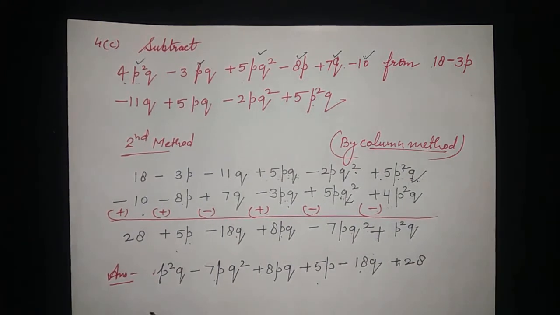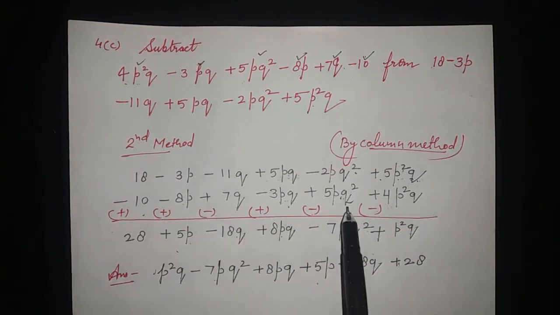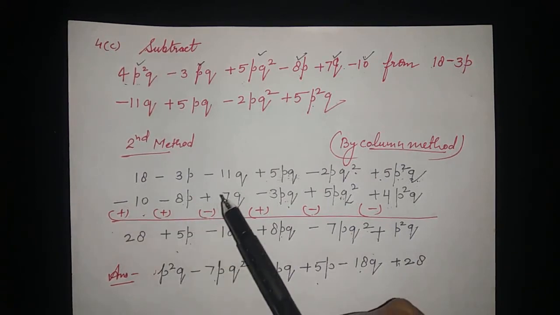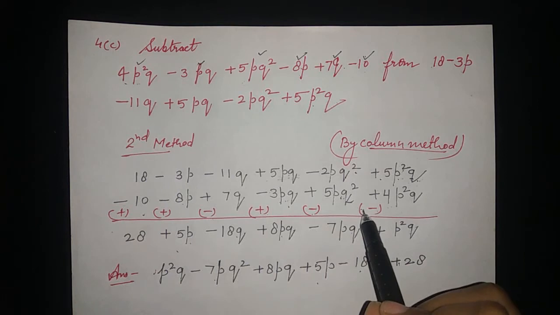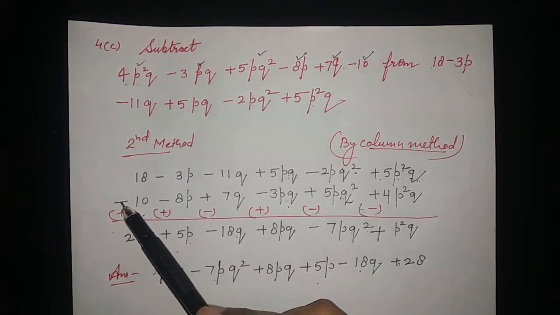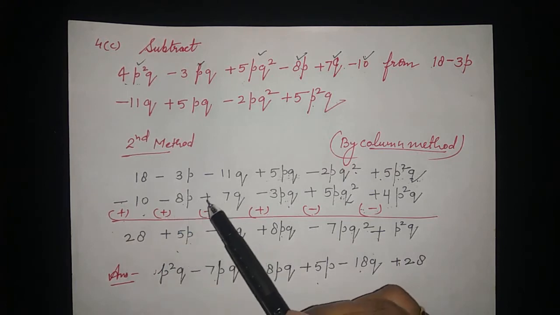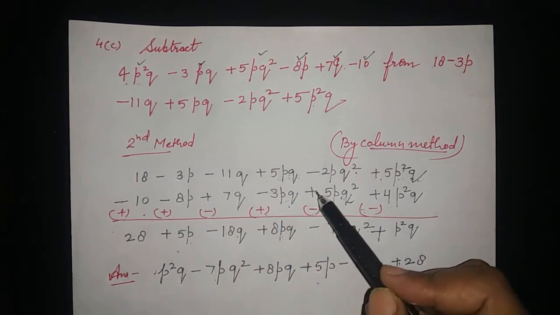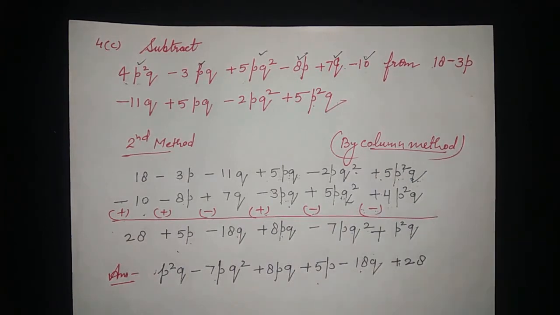Now as we have to do subtraction, so we will change the sign. For minus sign we will put plus sign, and for plus sign we will put minus sign. You can see I have changed the sign. For this minus sign I have written plus, for this minus sign plus, for plus I have written minus, for this minus I have written plus, for this plus I have written minus, for this plus I have written minus.